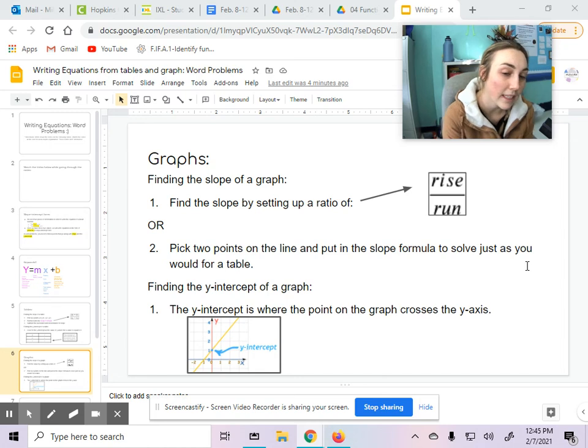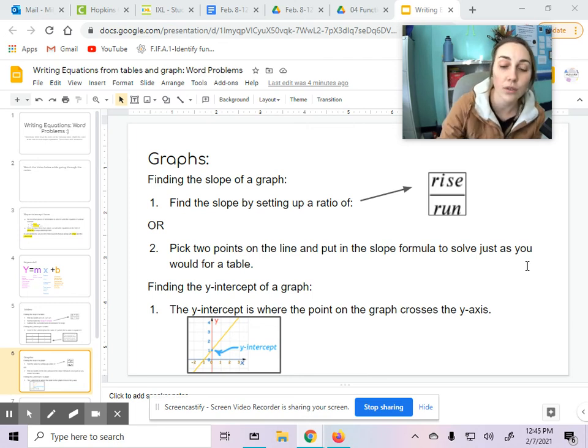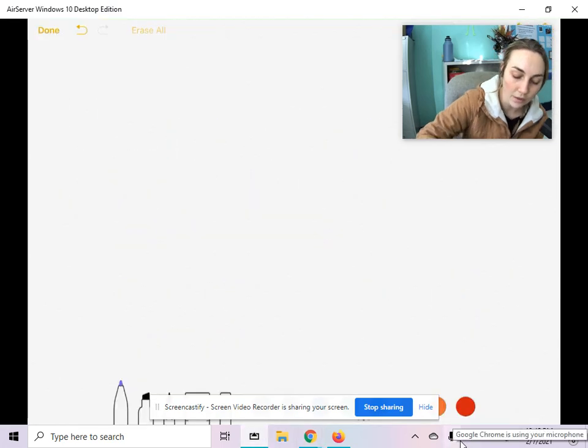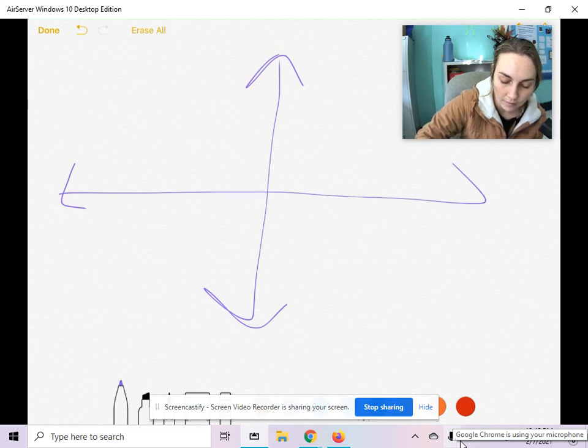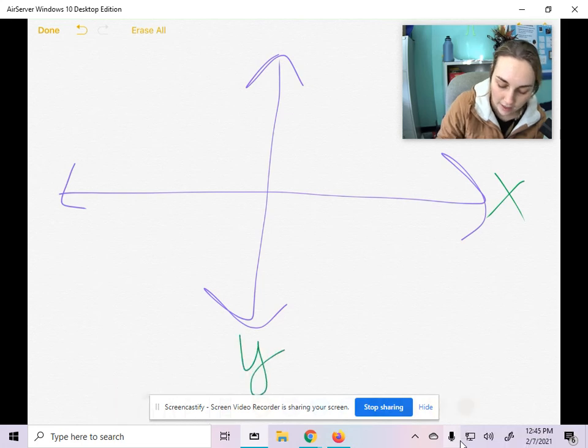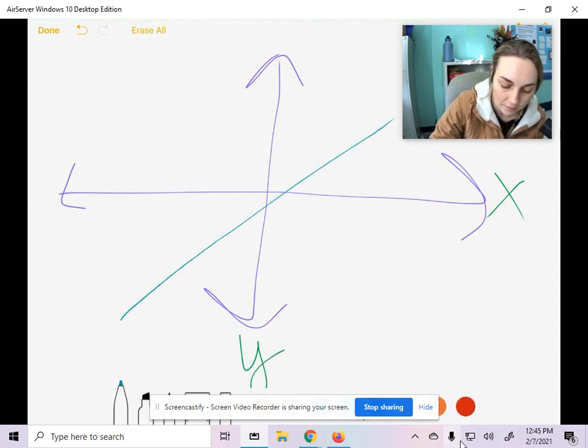And then last but certainly not least, to find the y-intercept of a graph, you have to find where the line crosses the y-axis. So if y'all remember, I'm going to open this back up real quick. Hopefully it's still up. Yeah. So if y'all remember, when you have a graph, the horizontal line is always your x-axis. The vertical line is always your y-axis. So let's say you had a line.